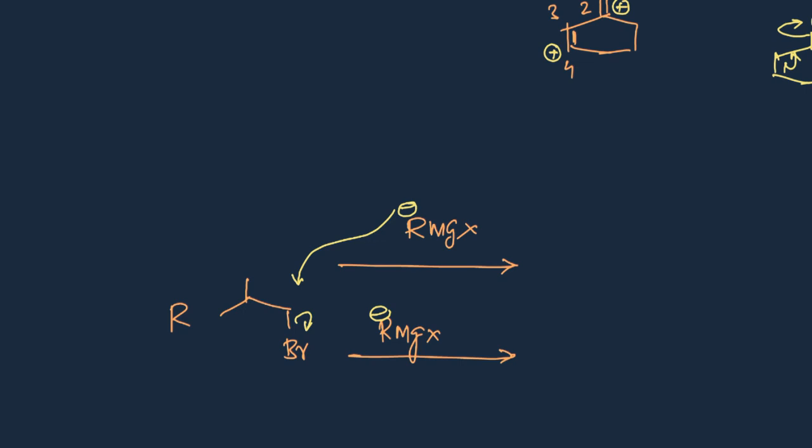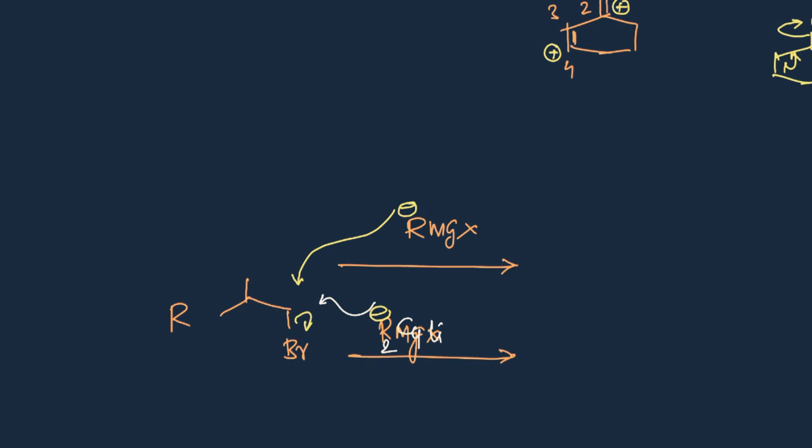But which one will be the effective one for this reaction? Basically this is R2CuLi, say for example, this is Gilman. Now Gilman reagents are more effective toward the SN2 reaction than the magnesium reagent.